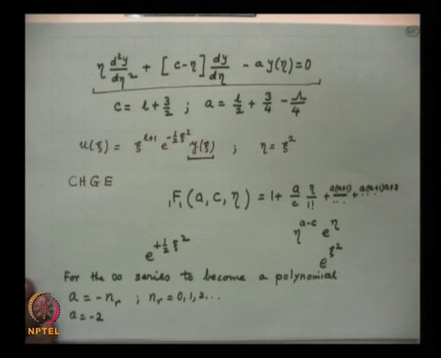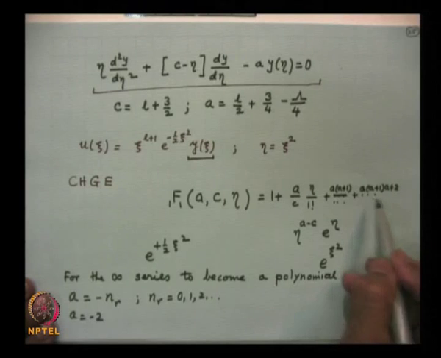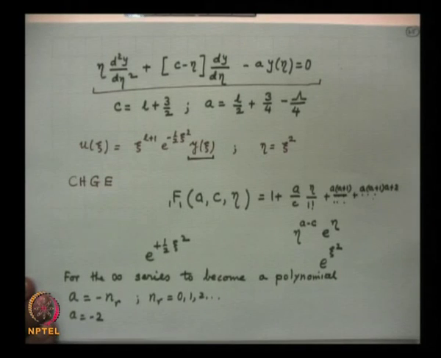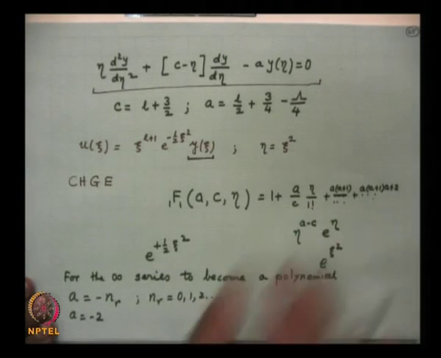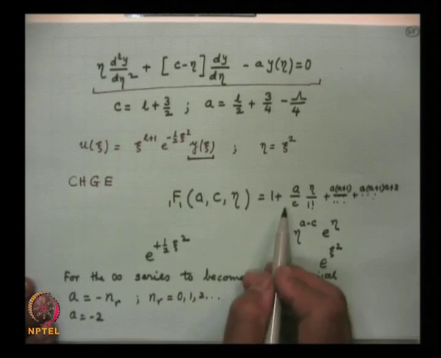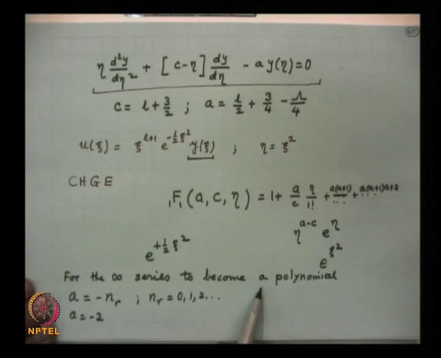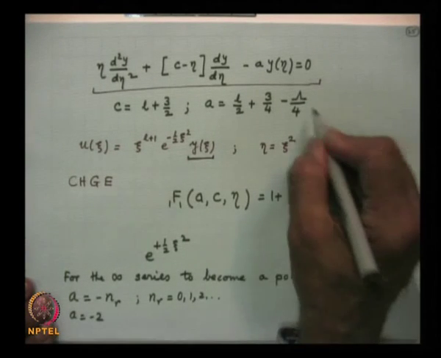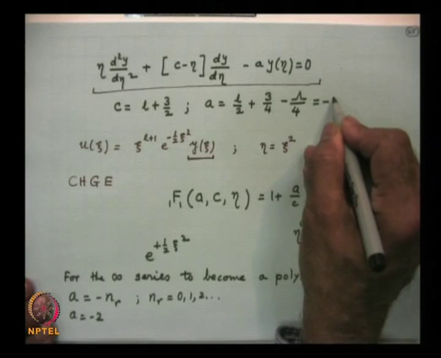So, that will become 0. Not only that term, but all subsequent terms will become 0, and the series will become a polynomial. So, for the series to become a polynomial, a must be a negative integer, and so therefore, this must be minus n r.